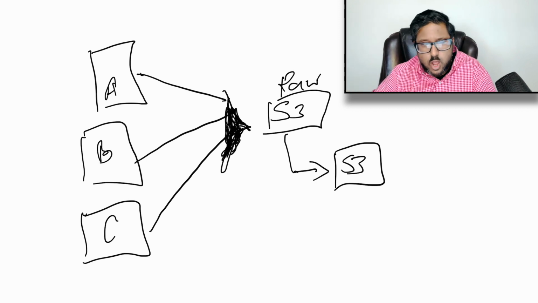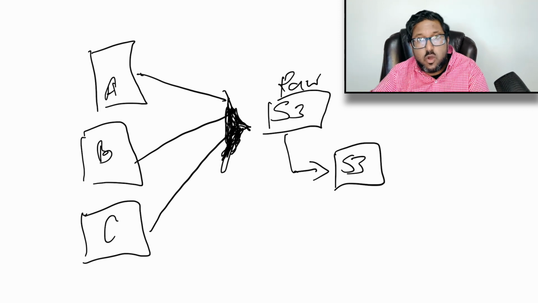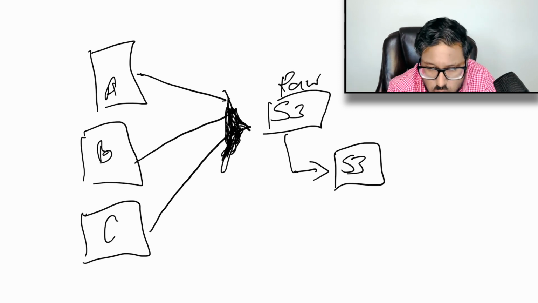I guess that's a good analogy to compare with. And then once you have this transform or clean layer, you've only identified the data that you need. You're not bringing in all of the data, right? You may be bringing in a lot more volume of data in your raw layer, but in your transform/clean layer, you're only going to bring in the data that you need. So we'll call this clean.